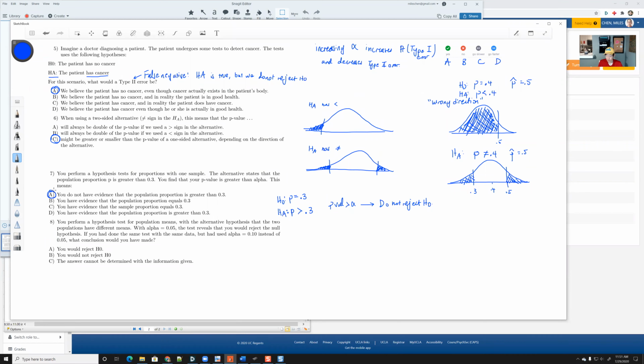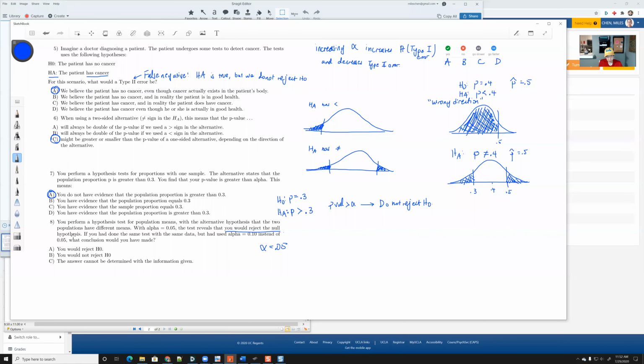All right. Okay, what do you guys think for number 8? We've got some people with A, some people with C. So what can we say here? Initially we have alpha equal to 0.05, and it says that you would reject the null.